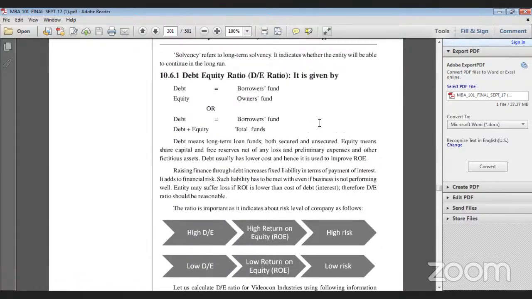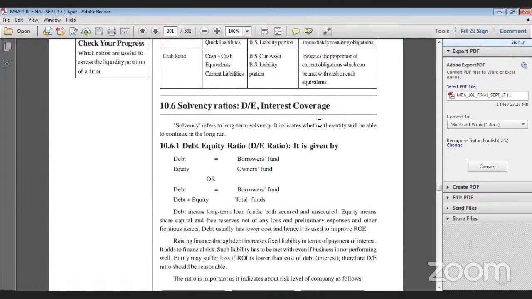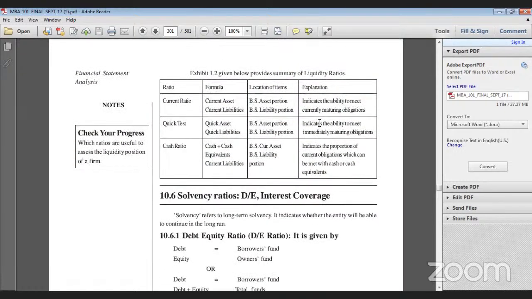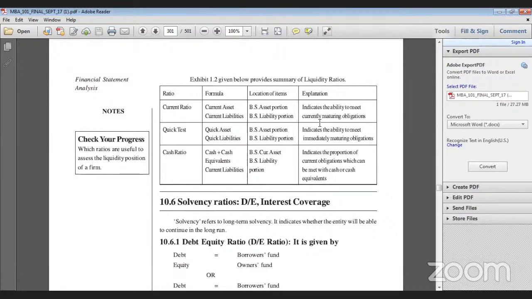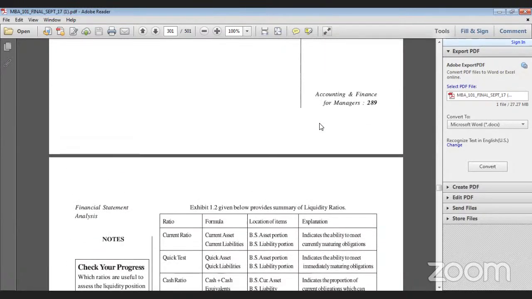After that, a very important part is ratio analysis. For ratio analysis, they have given the formulas, and with the use of the formulas, we calculate the effect of money.